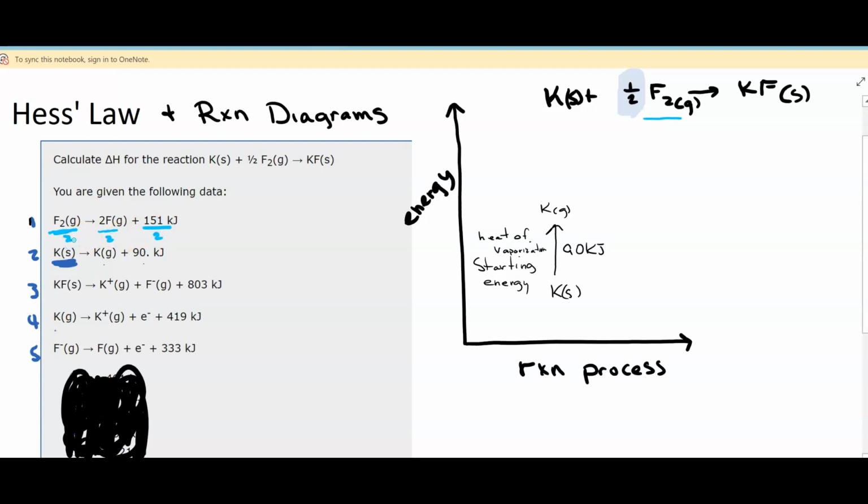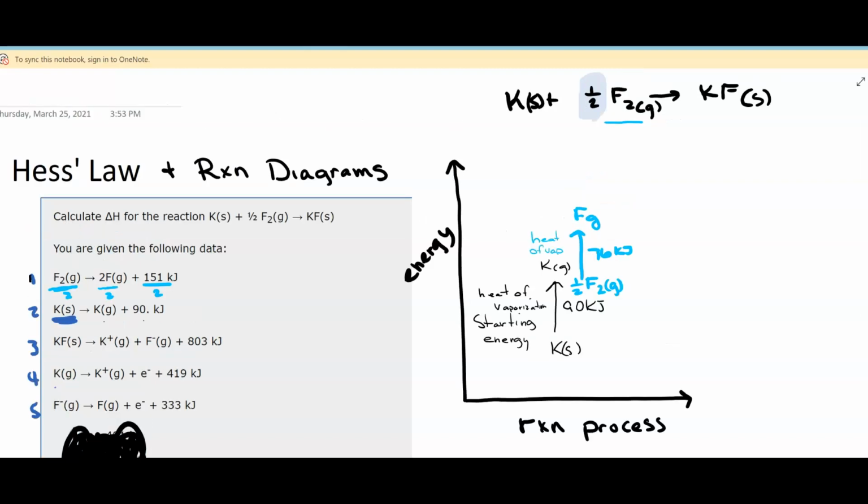And half of 151 is, what, 76? So if I plug in 76 more kilojoules of energy, I heat this up, I can turn F2 in gas form into fluorine atoms in gas form. This is known as the heat of vaporization, the energy to change from solid into gas form.